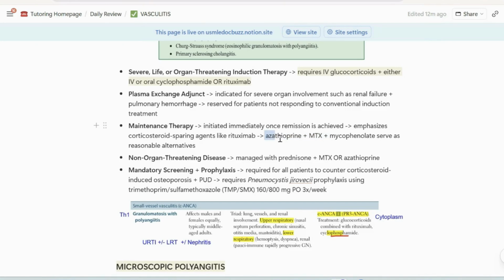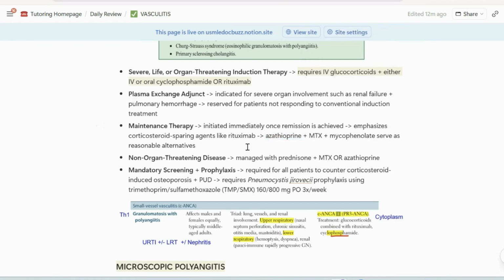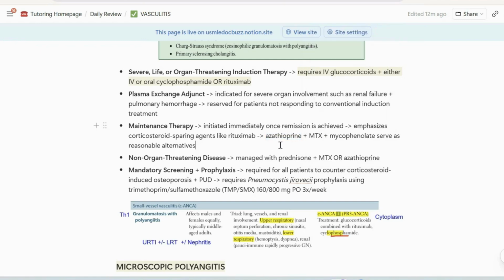Okay, usually azathioprine is called the, I'm forgetting the actual term for it, but it's the glucocorticoid sparing agent, right? It's the first line for the sparing of these corticosteroids. Okay, so azathioprine, methotrexate, or mycophenolate are what are used for long-term maintenance.